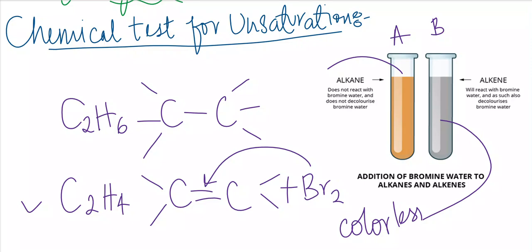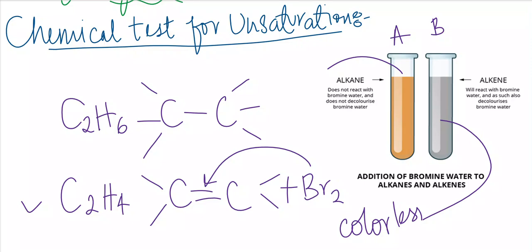And next, as alkenes contain a double bond, this is the test for unsaturation. Bromine water with hydrocarbons whose molecules contain at least one carbon-carbon double bond or triple bond will give addition reactions, and after the addition reaction, the solution becomes colorless.